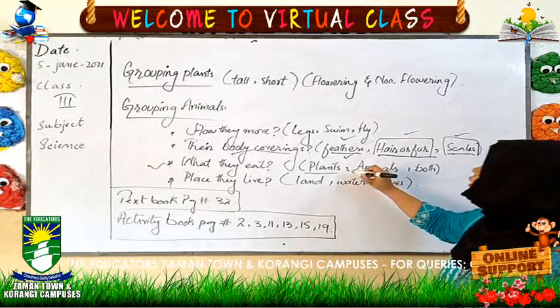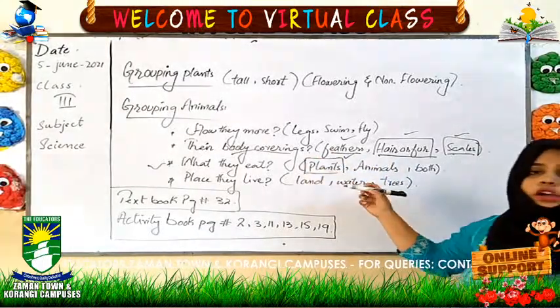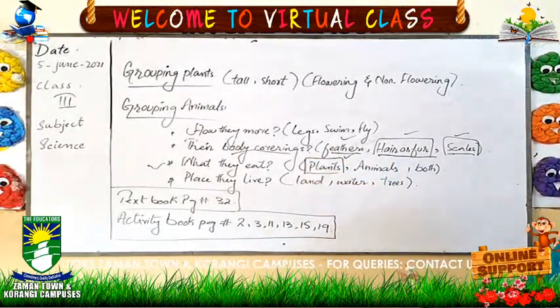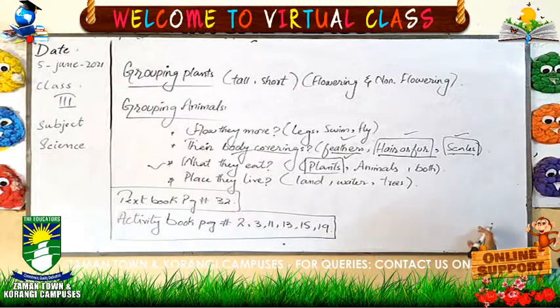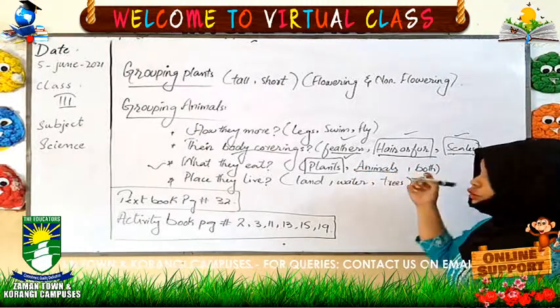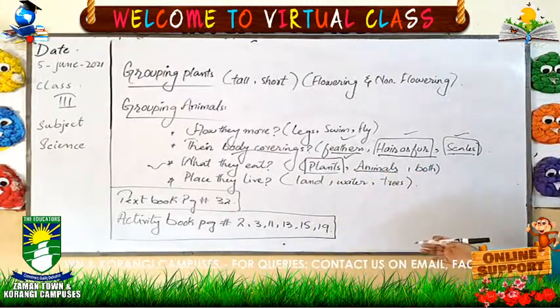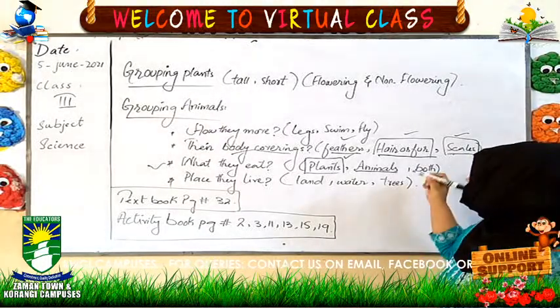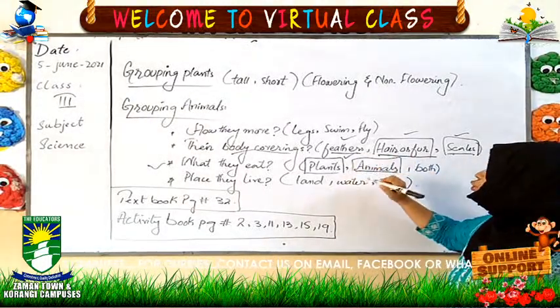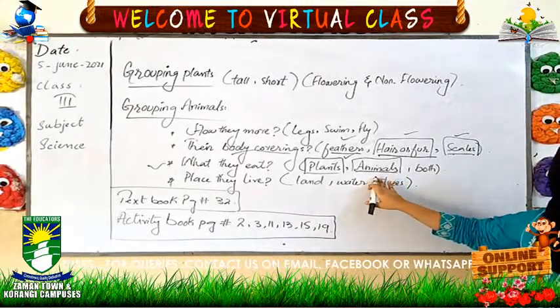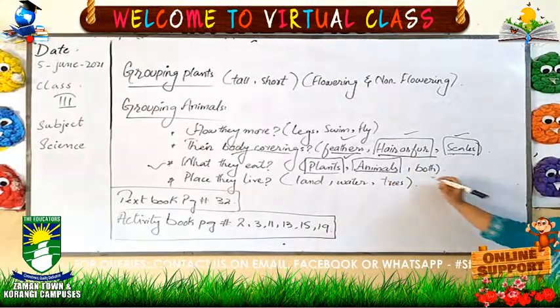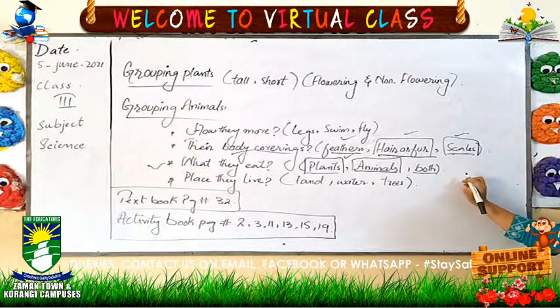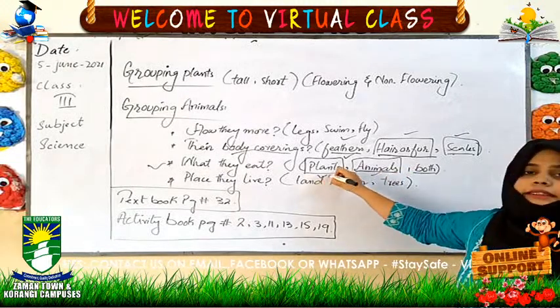So we make a particular group for them. And there are also some animals which eat other animals. So we make another group for them. Now there are some animals which eat both plants as well as animals.